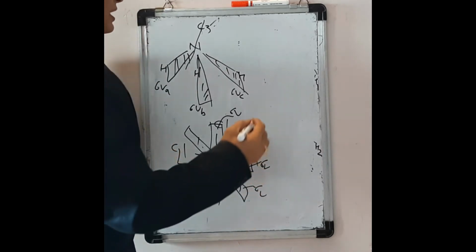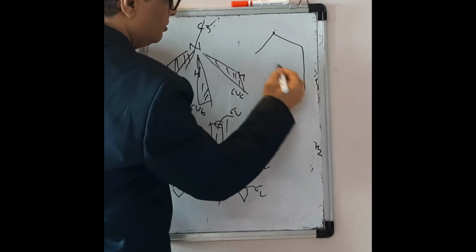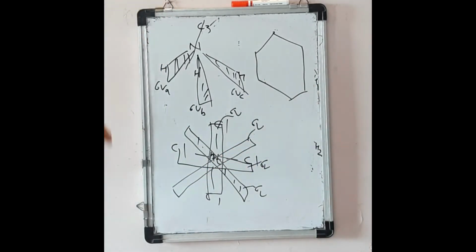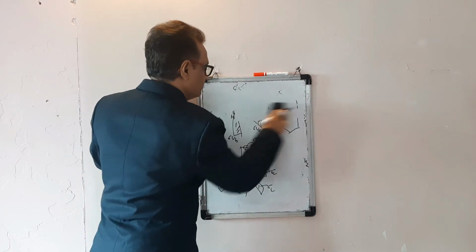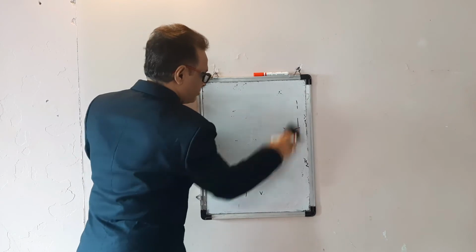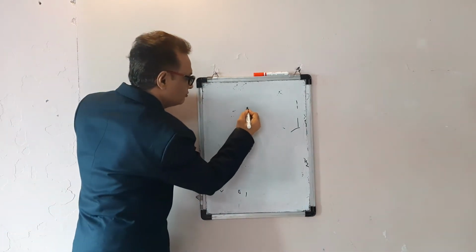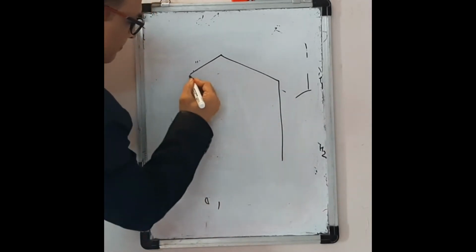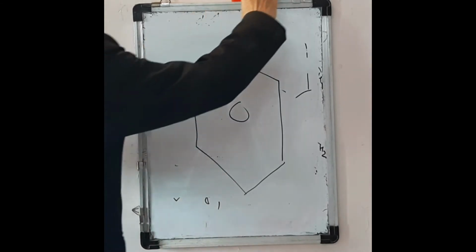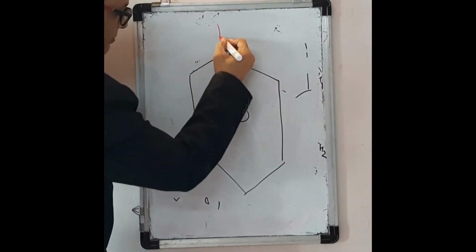And benzene contains six vertical planes of symmetry, that can be shown using this figure. Benzene contains six vertical planes, which can be shown using this figure. This is one vertical plane.